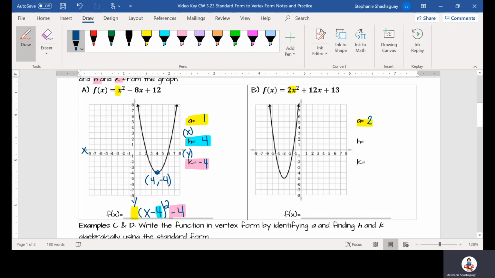I'm going to find my x value of my vertex here, which is -3, and the y value of my vertex is -5. So that means that this is my h and this is my k, because again, my h is my x value of my vertex. So my h is equal to -3, and my k is equal to -5.